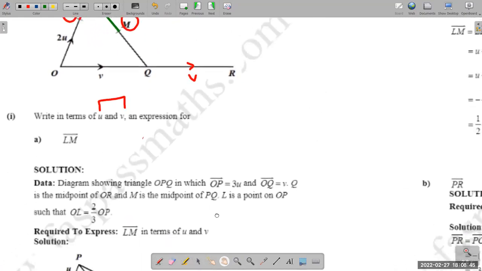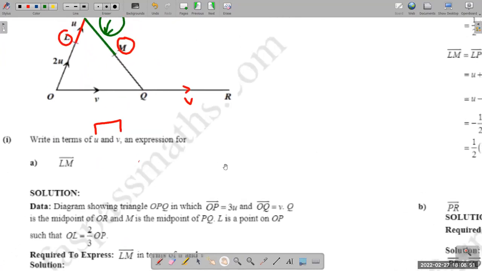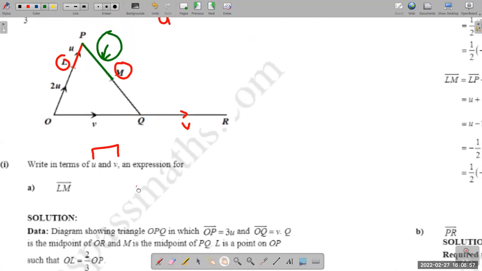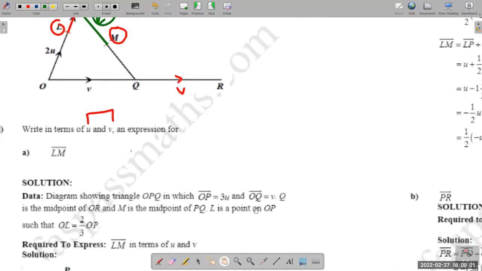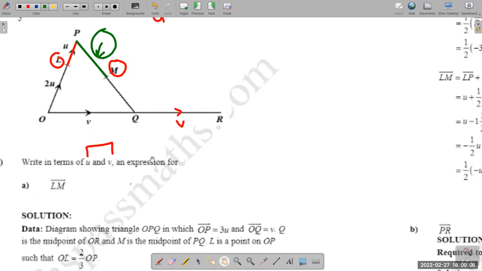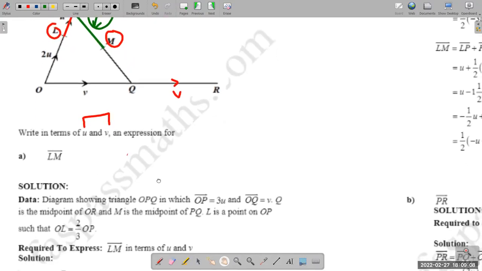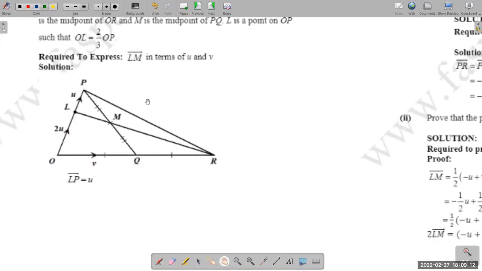Let's read through what we have here so far. The diagram showing the triangle in which OP is U, we know that. OQ is V, and R is the midpoint of OR, and L is the midpoint of OP. So guess what we got to do first, guys?